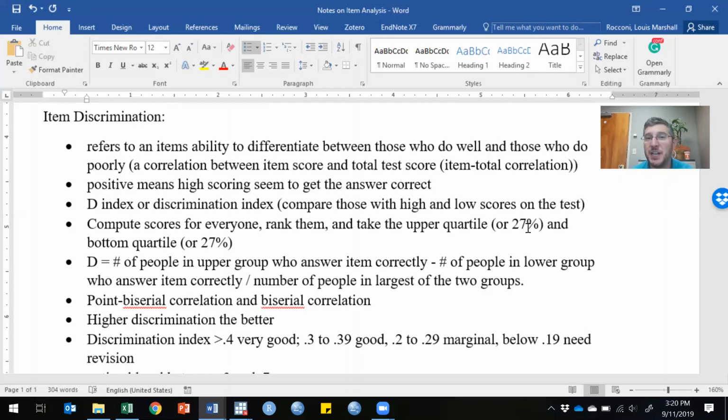We can either do this by taking the upper quartile, or some of the readings talk about taking the upper 27% and the lower 27%, but it's still sort of the same idea. And then we basically just compare the number of those in the high group that got it correct with the number of those in the low group who got it correct.